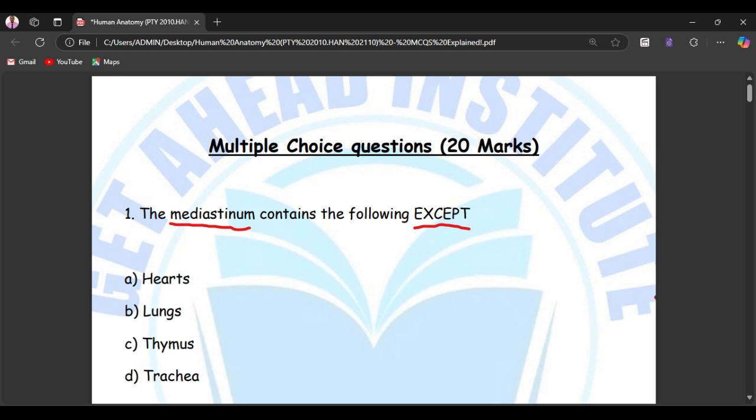It has the heart, the thymus, the trachea, the esophagus, and other significant vessels and nerves. The lungs are located in the pleural cavities on either side of the mediastinum. So the answer here is B.